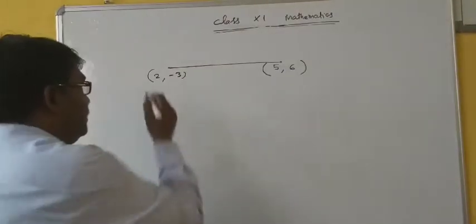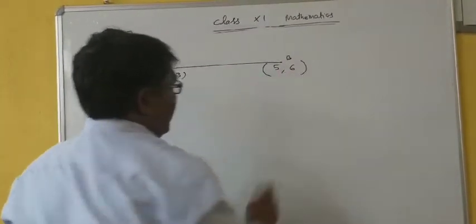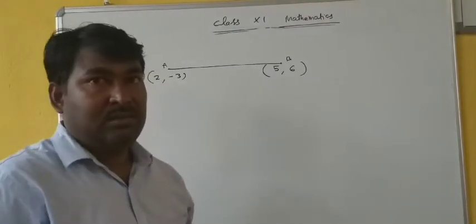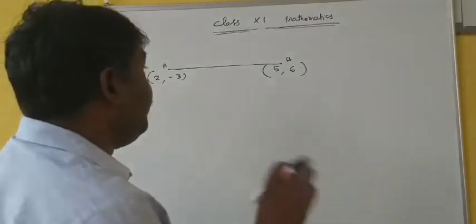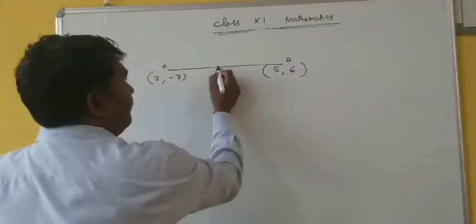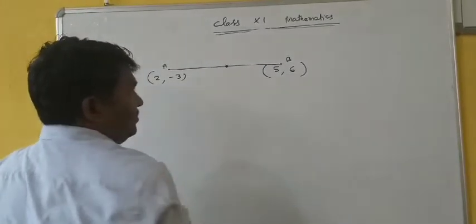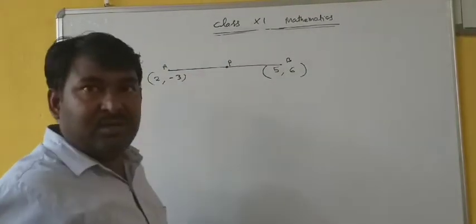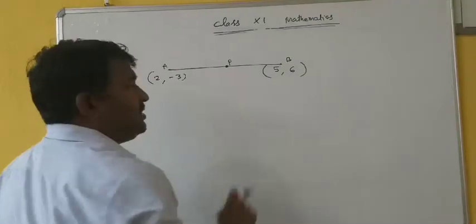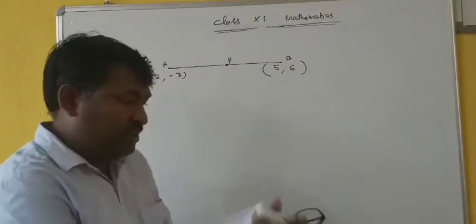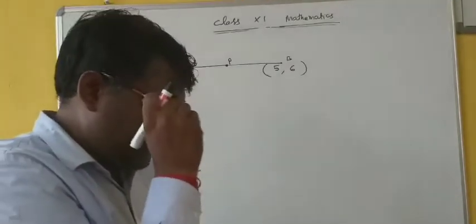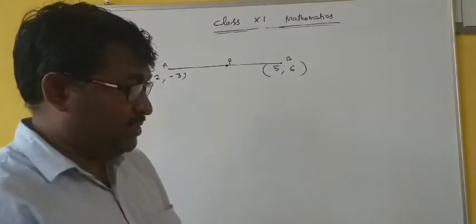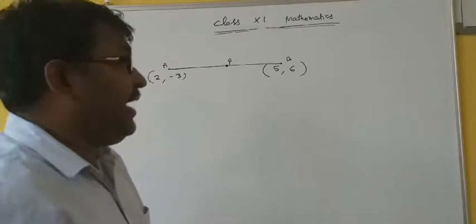The question is in what ratio a line or a point divides them, if suppose P is a point here. Sometimes the coordinate of this point P is given, sometimes an axis is given. For example, in this question, in what ratio is the line joining these points divided by the x-axis.